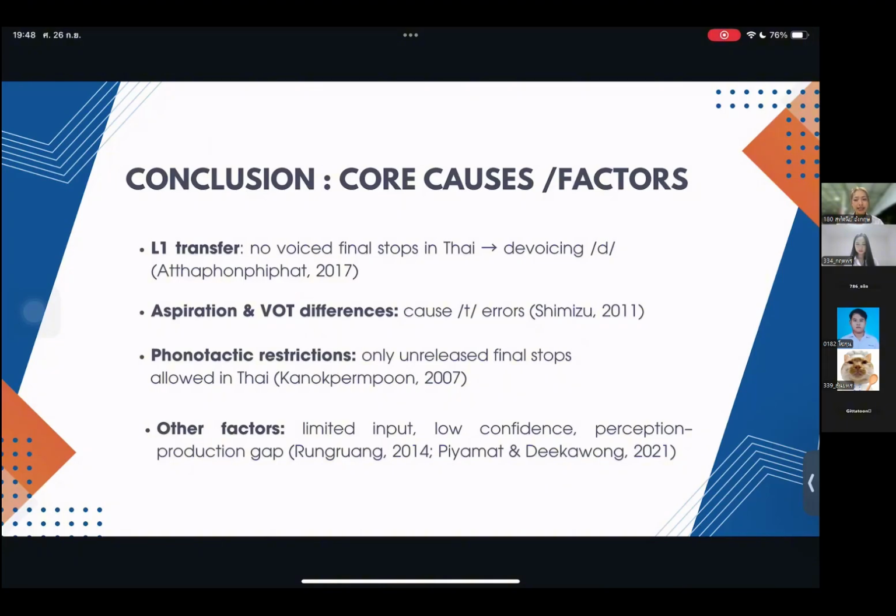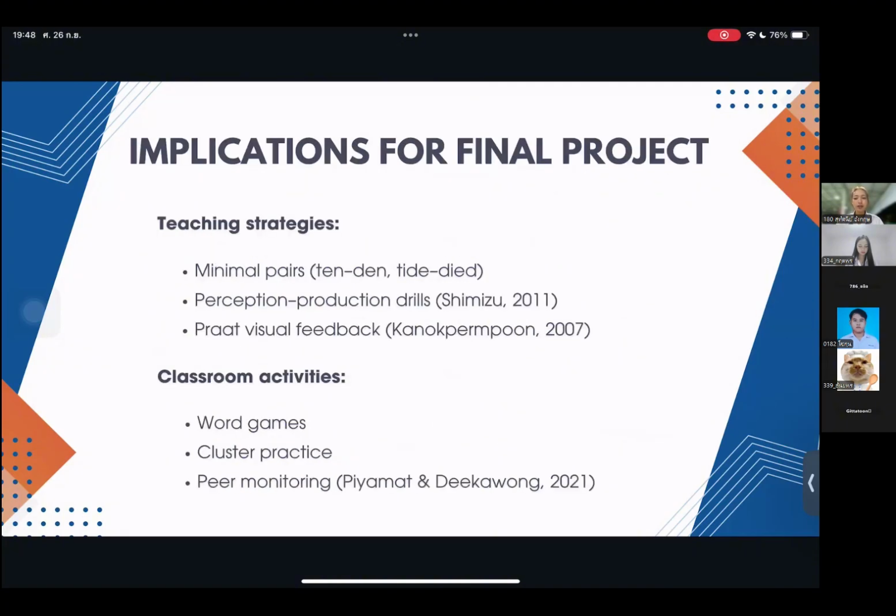For teaching, researchers suggest strategies such as minimal pair drills, perception and production tasks with games and peer feedback, and technology tools like Praat to show voicing and aspiration. These ideas can guide us in our final project, where we design activities to help Thai learners overcome these difficulties and improve their intelligibility in real communication.